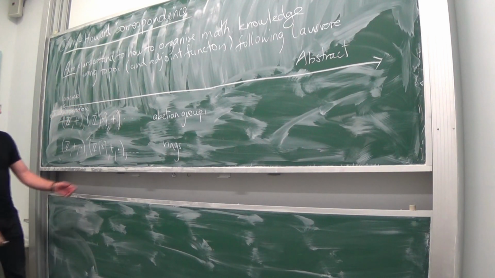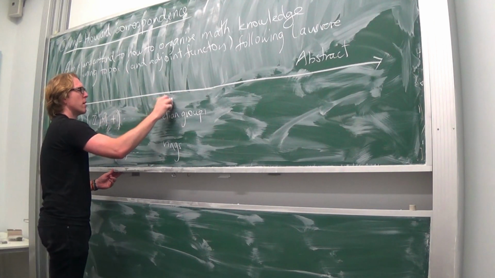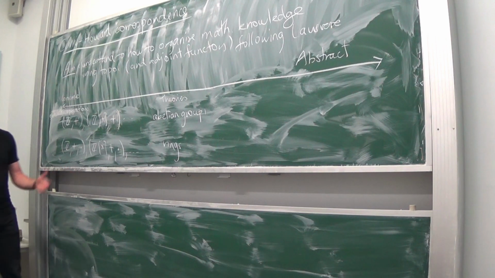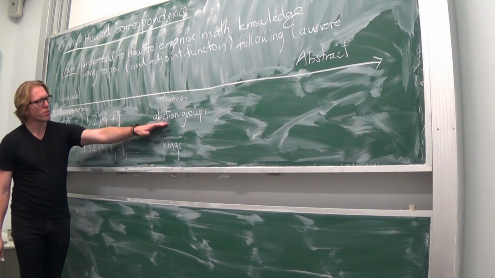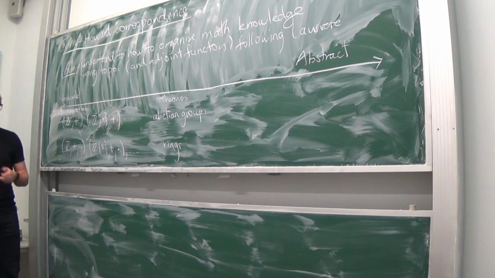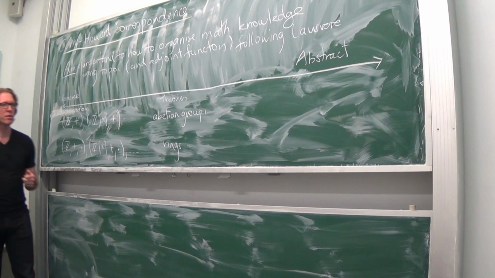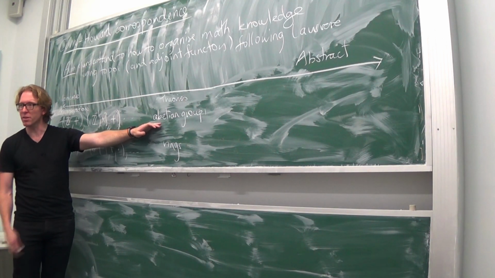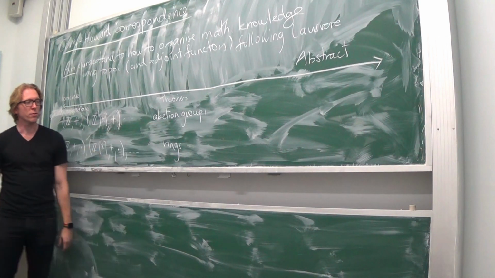This column in the middle I'm going to call theories. So this will acquire a precise meaning later on. But for the moment, you just think, abelian groups. The theory of abelian groups is that there's some sort of abelian group, there's some operations. You can do it various ways, but say you could take addition, the negative, and a constant 0, and then your axioms are some expressions in those data.